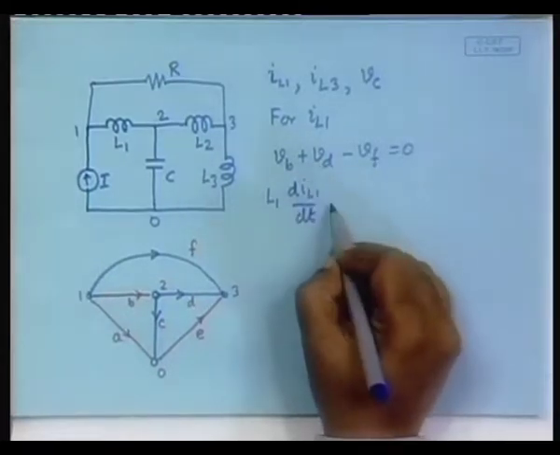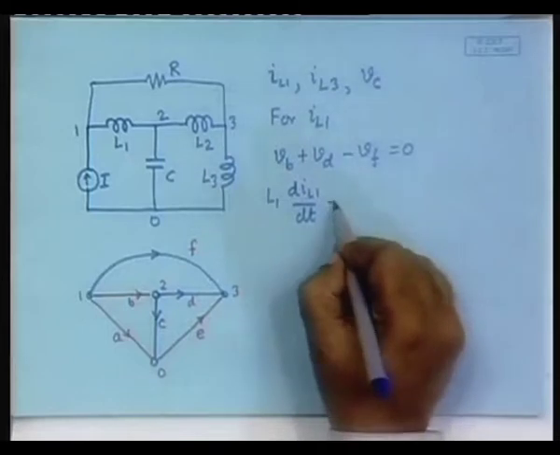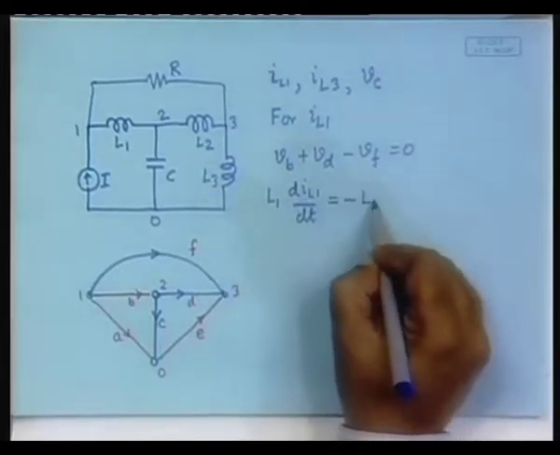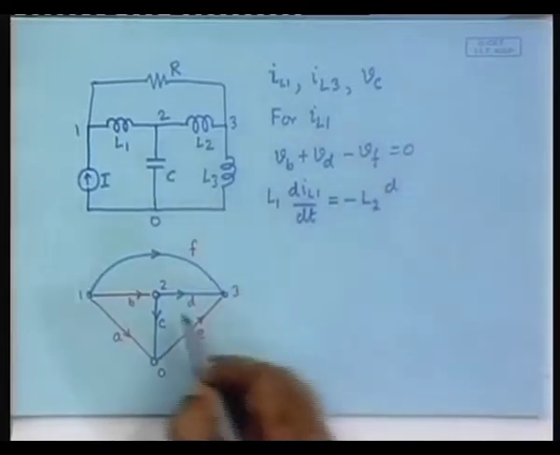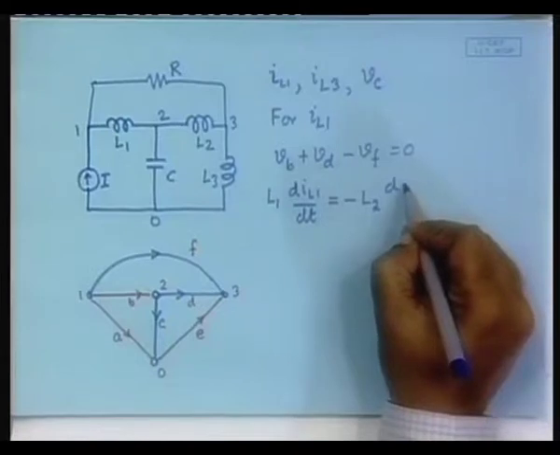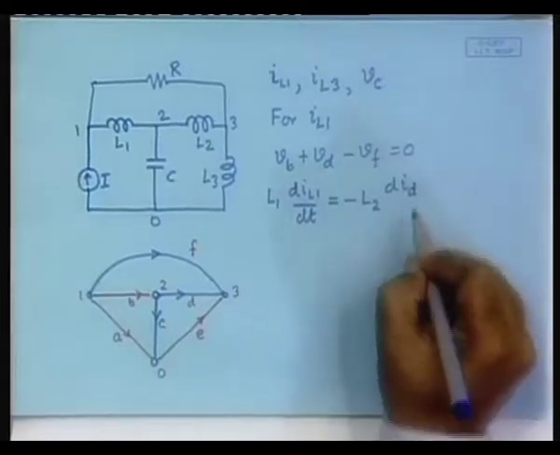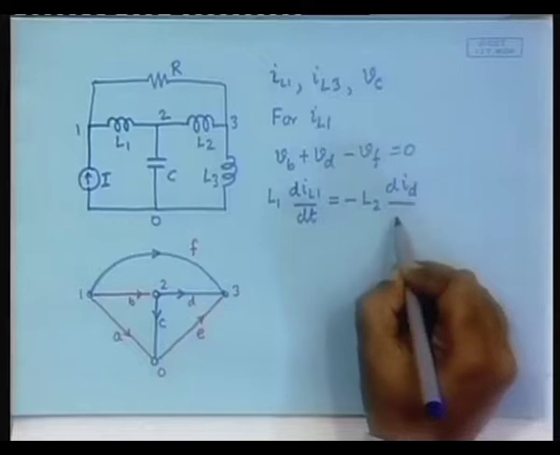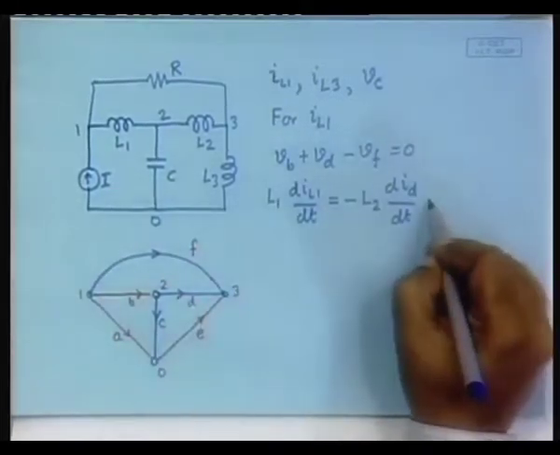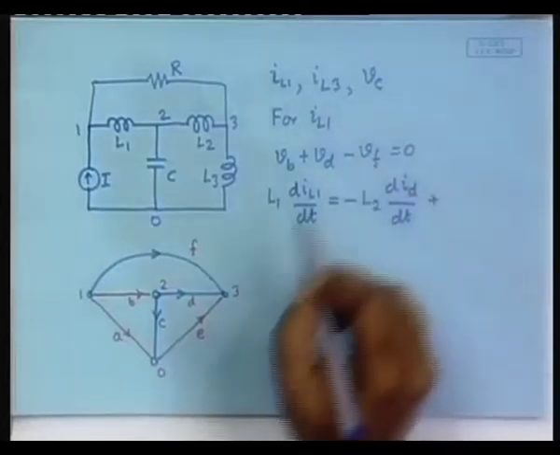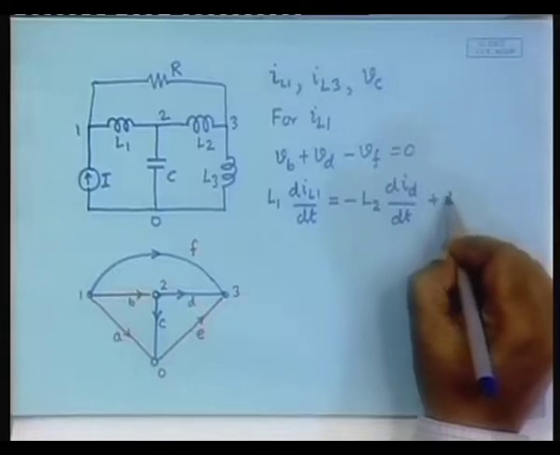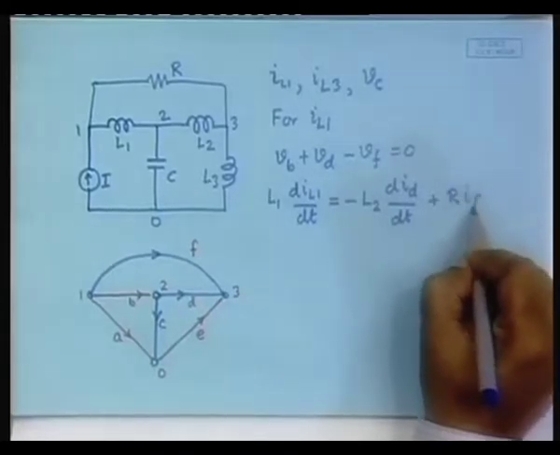So let us take it this side: minus VD is L2 d, I will write, because this is not a state variable, dt, and this one is plus VF is R IF.